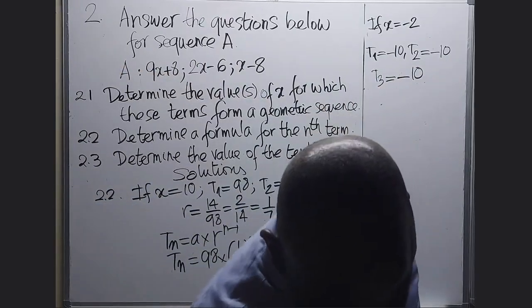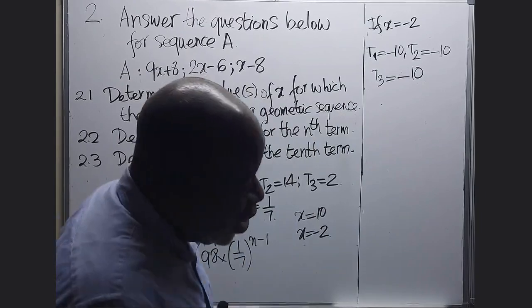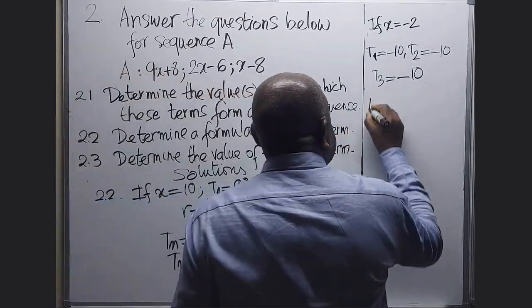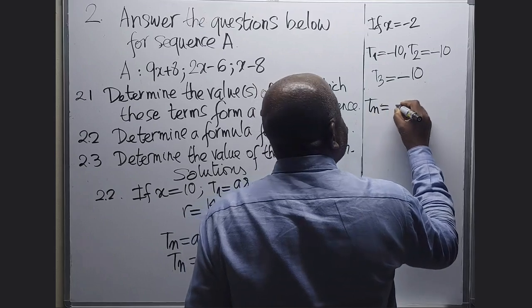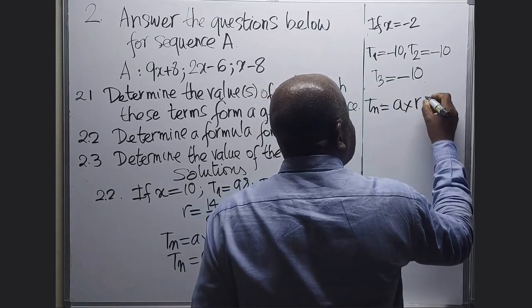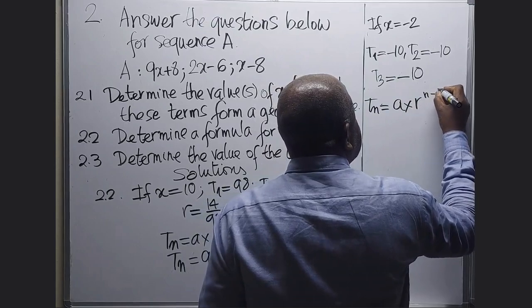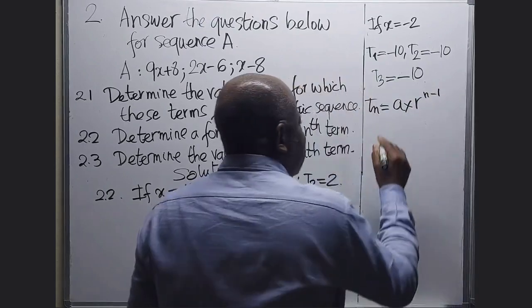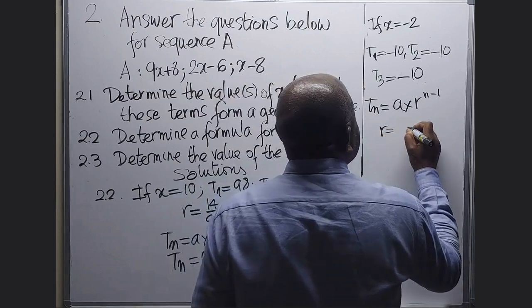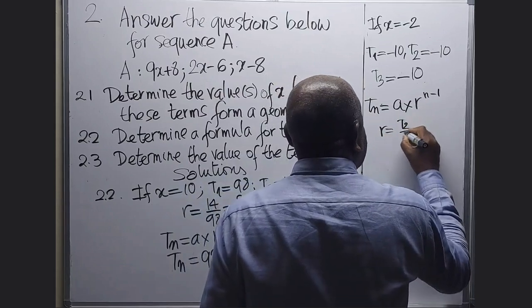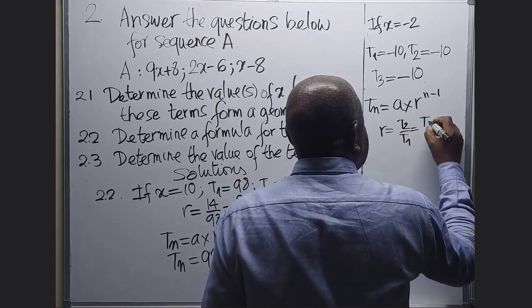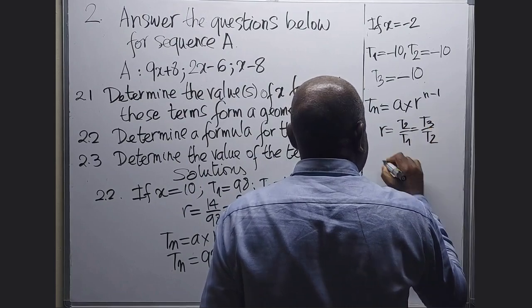So if we want to write our general term, Tn will be equal to a times r to the power of n minus 1. As you can see, our r will be T2 over T1. It will be equal to T3 over T2.